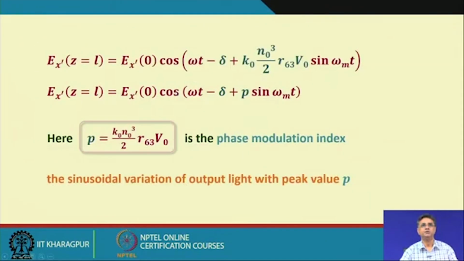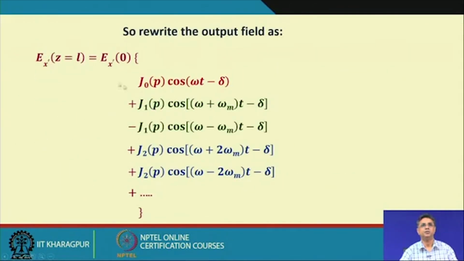Therefore, this equation can now be written in this form, that is E x at z equal to L will be E 0 x, and then p cosine omega t can be expressed as the superposition of these various order Bessel's functions. If we collect the Bessel functions J 1, J 1 together, J 2, J 2 together, and so on, we can write this in this form.